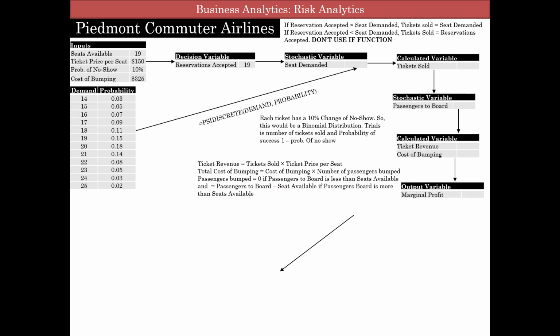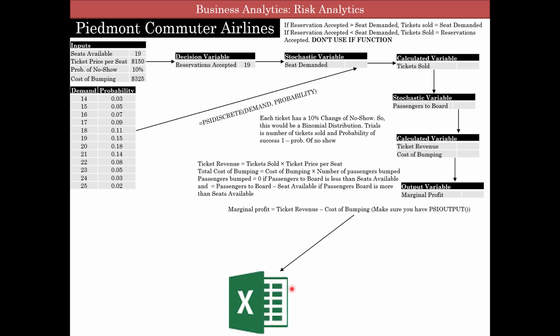And that'll give you marginal profit, which is your forecasted variable that has the PSI output. Let's go to Excel now to see how we're going to model this problem. Because you have a decision variable, you can use a data table and you can use an optimizer. I'm going to show you in Excel how you do that.